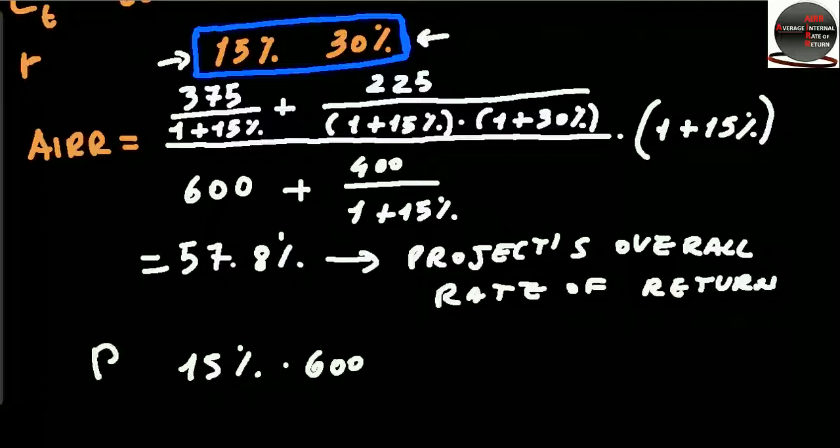Let us denote it by R, and this is the market return obtained by investing $600 at 15%. And in the second period, the investor would earn 30% on 400.